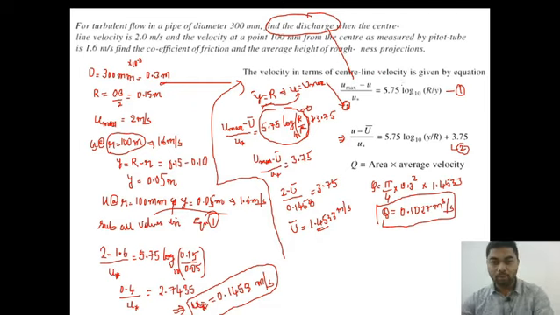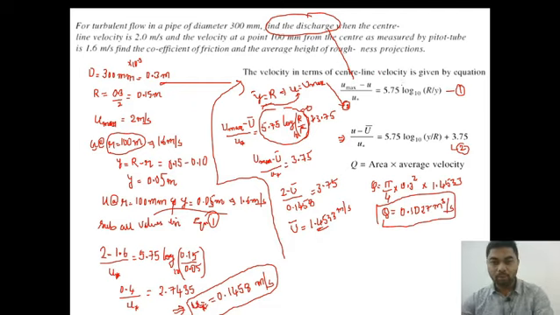To find the average height of roughness, 1 by square root of 4 into f, which is 0.02, is equal to 2 log R by k, where the value of capital R is 0.15 and k is unknown, to the base 10, plus 1.74.